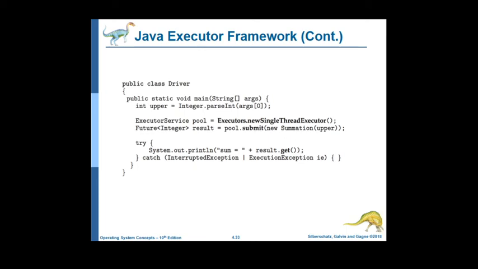Once we submit the callable task to the thread, we wait for its result by calling the get method of the Future object it returns.